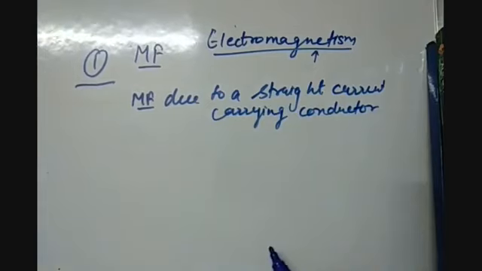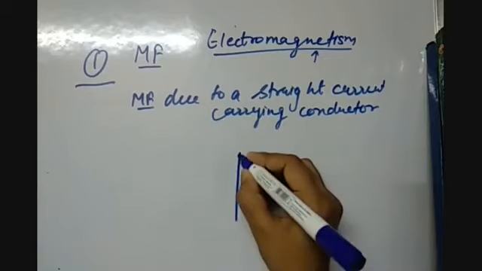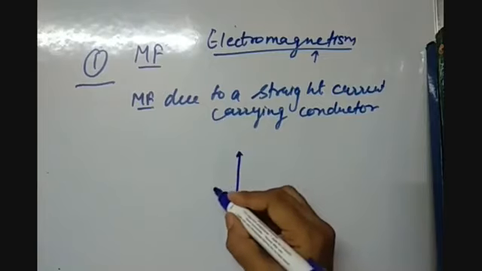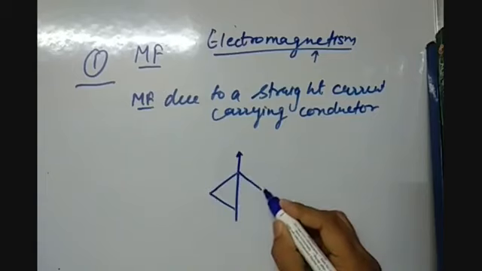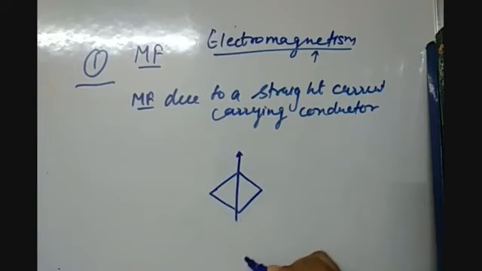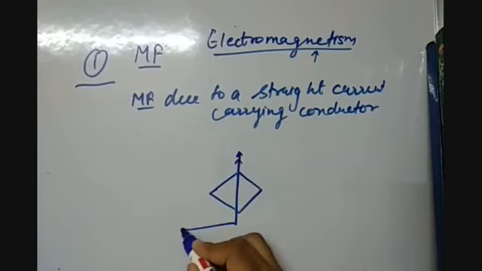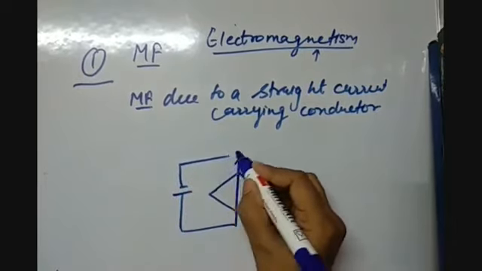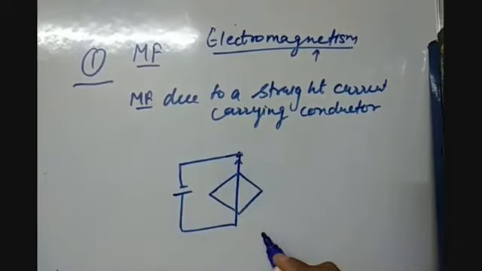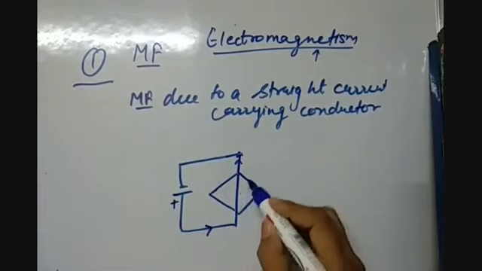So dear students, let us do it quickly. We have a wire, we pass this wire through a cardboard, and this conducting wire is connected with a battery this way. As you can see, the positive terminal is here, so the current will flow in this direction.